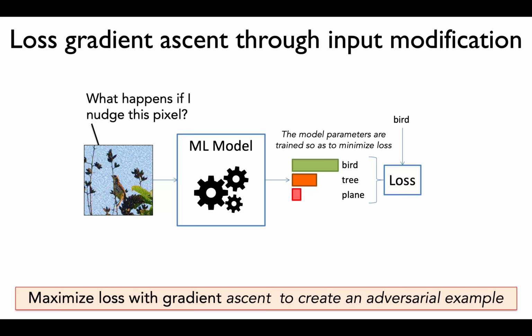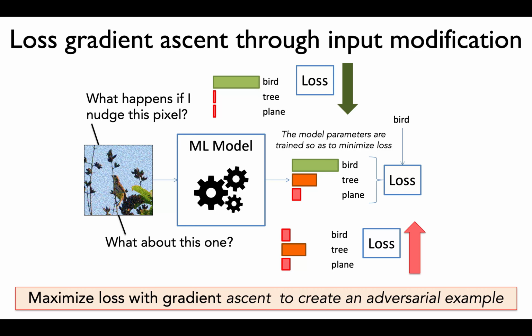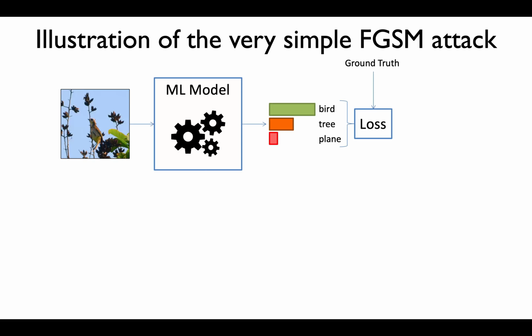And we will ask the question, what happens if I nudge this pixel in a certain way? We ask this question for every pixel, and then we change the pixels in ways that will maximize the loss. When we have done that, we have an adversarial example, and when that image is given to the machine learning model, we get an incorrect answer.